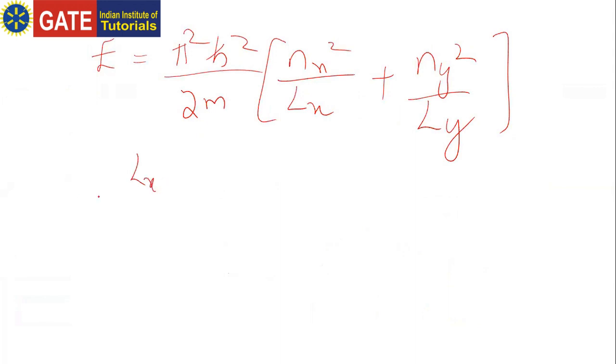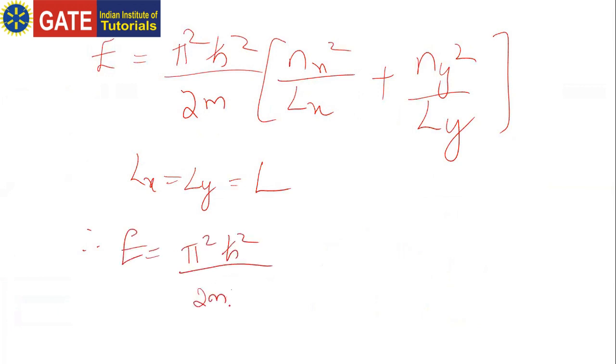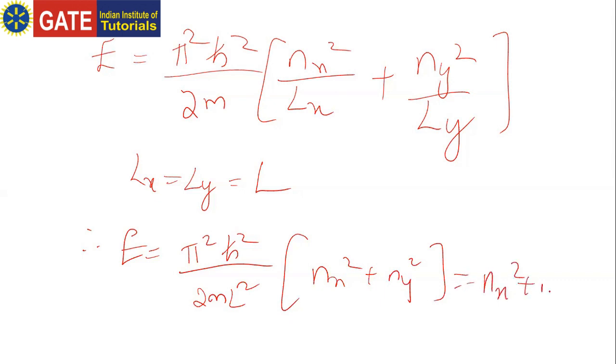Here in our question, Lx equal to Ly equal to L. Therefore, E equal to pi square h cross square by 2ml square into nx square plus ny square. Or we can write this as nx square plus ny square into E1.